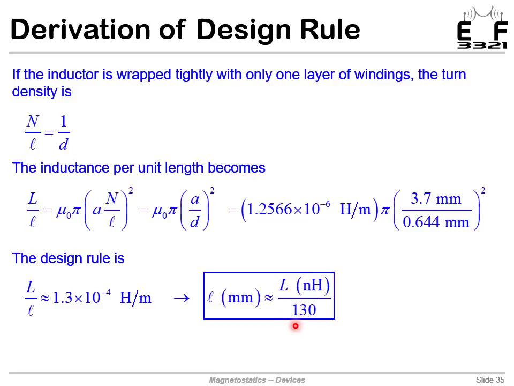Divide by 130, that tells us we need a 2 millimeter long inductor. Well, very often we need microhenry sort of inductors, and our inductors end up being centimeters long, and that's perfectly fine. But that's the design rule that we've come up with, and it was kind of a long path to get there. We had to analyze our solenoid to come up with that expression, and then we looked at the dimensions of magnet wire and McDonald's straw to come up with this rule of thumb.